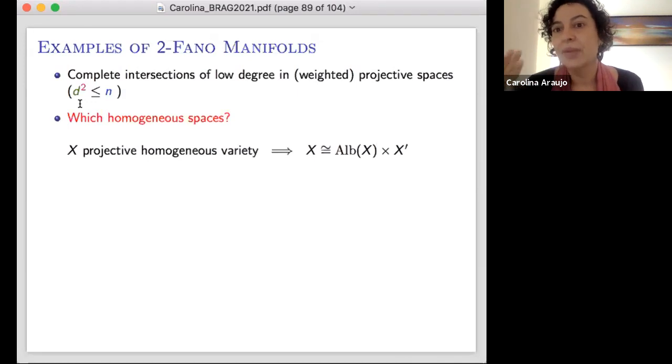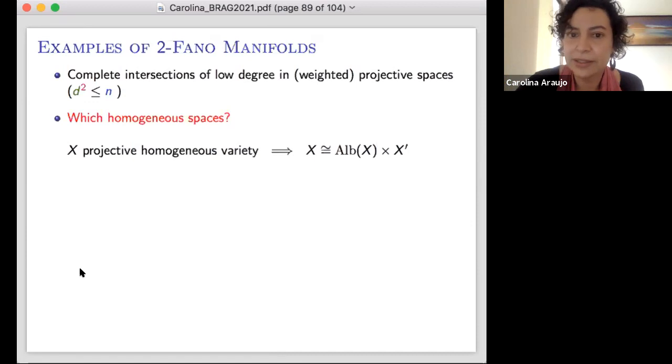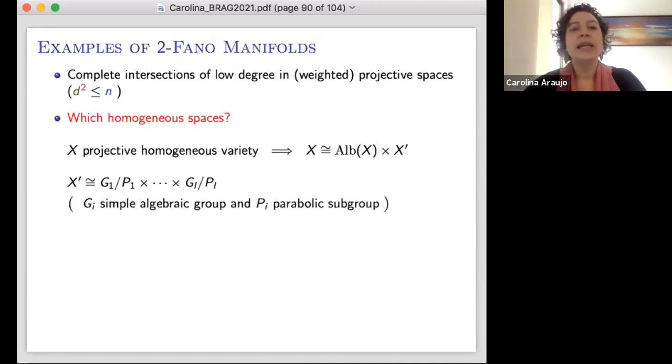X prime is a rational homogeneous space. This prime part is in fact a Fano manifold. And even more, any rational homogeneous space can be written as a product of suitable G mod P's. Here each G_i is a simple algebraic group, and P is a parabolic group.